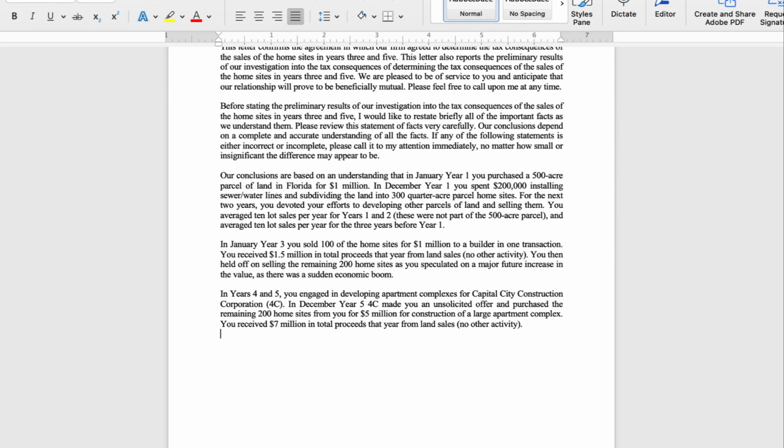All right, so we're going to start a new paragraph, assuming that the preceding paragraphs of the facts, of course, represent a complete and accurate statement of all the facts pertinent to the sales of the home sites in years 3 and 5.